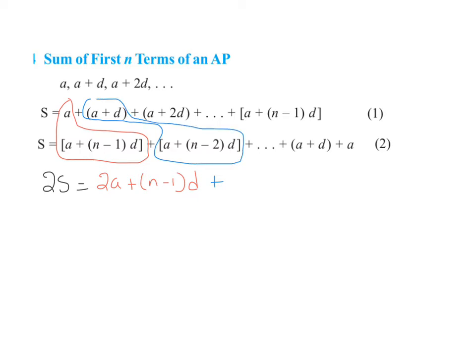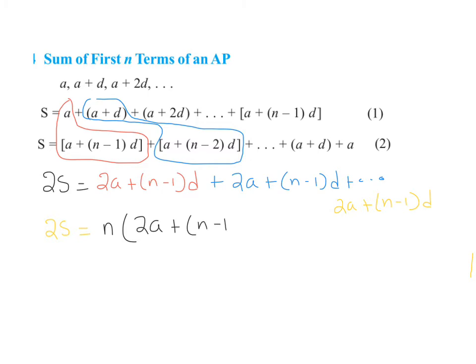I get again 2a plus n minus 1 times d, and so on till the nth term, 2a plus n minus 1 times d. Now, since there are n terms, I will get 2S is equal to n times 2a plus n minus 1 times d.